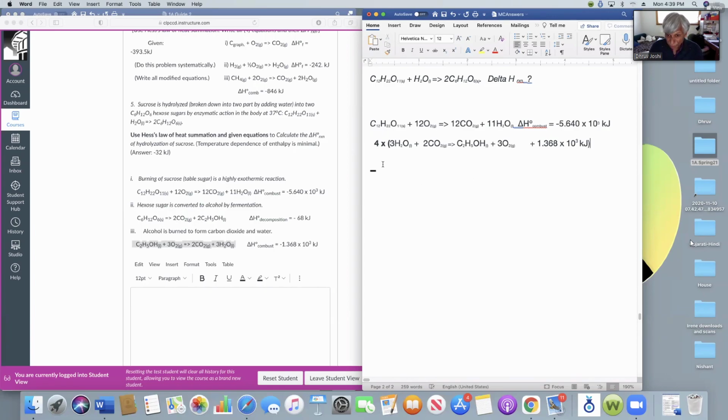Now we're going to write down what is available now. We multiply by 4, 12H2O. I'm not going to write liquid, we understand that. Plus 8CO2. Not going to write gas.